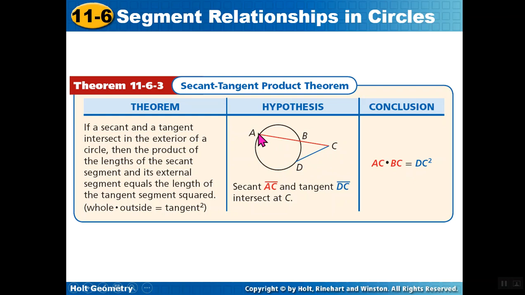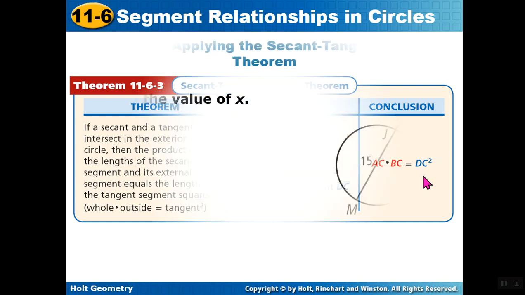It means AC, the whole, times BC, the external, is equal to DC times DC. We don't have any other part, so we multiply it by itself. AC times BC is equal to DC squared.